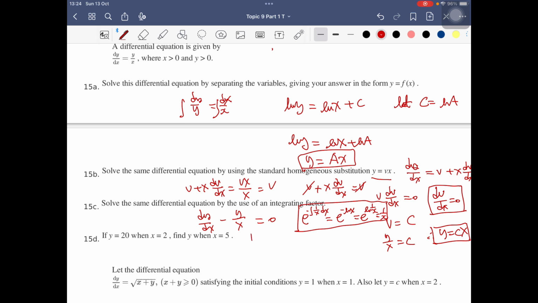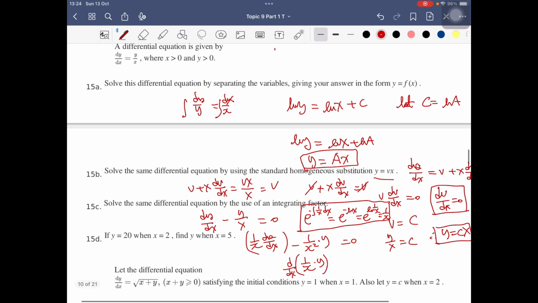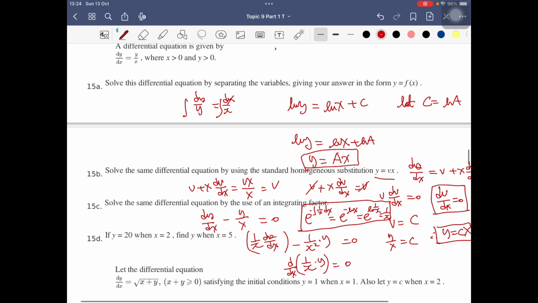So 1 over x dy over dx minus 1 over x squared times y equals 0. Here again, 1 over x times y, when we differentiate it, becomes 0, which means y over x should be constant. Therefore, y equals cx. Again, same form.